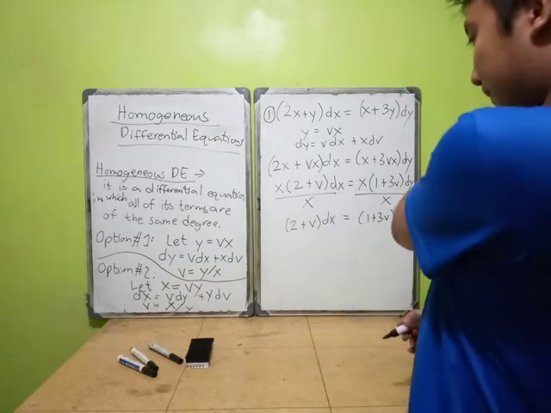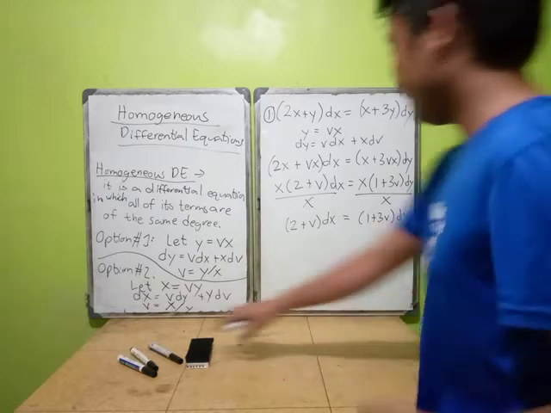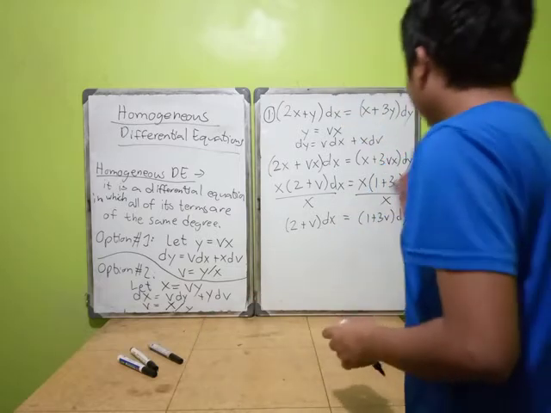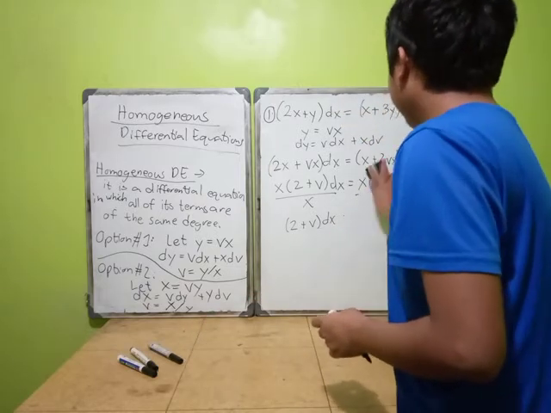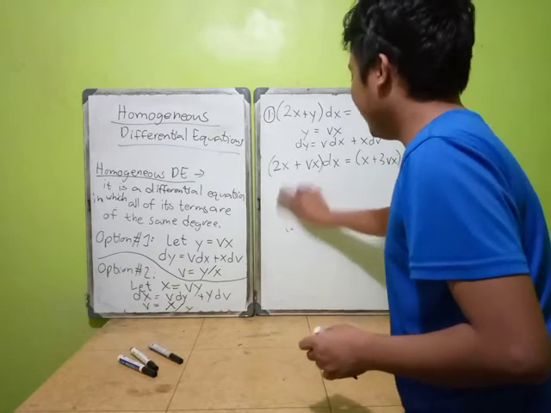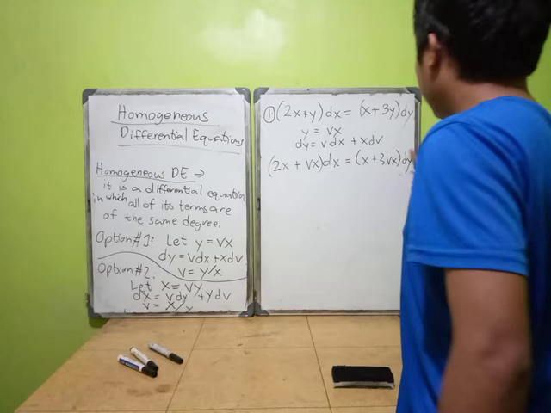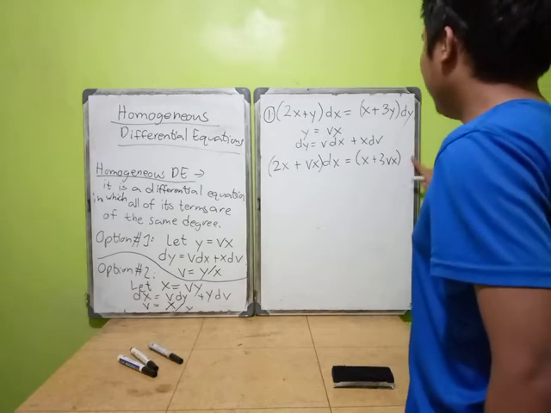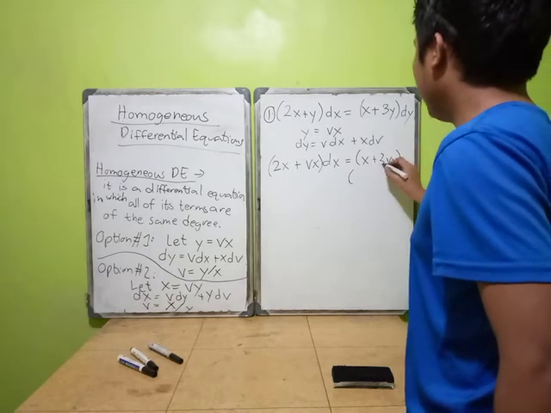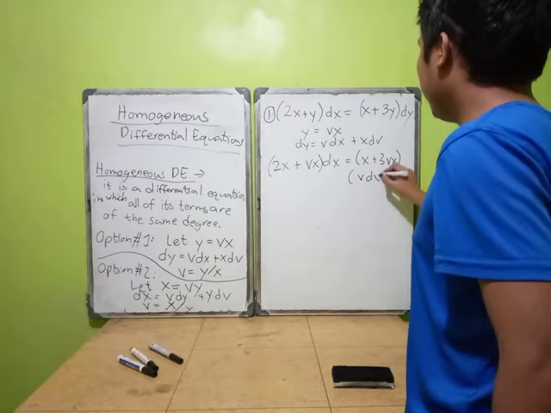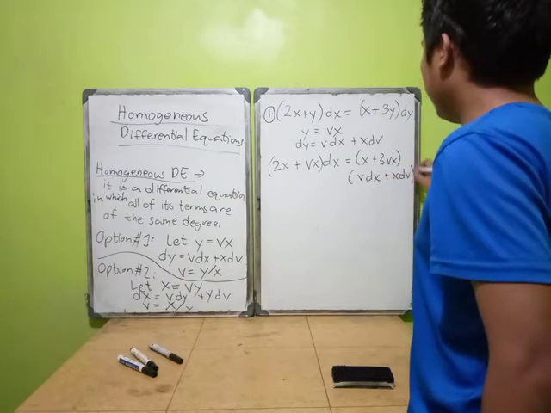Okay. So, anong gagawin na? Okay, sorry. Hindi natin na-replace pala si dy. Okay, sorry. So, si dy natin dito, dapat minultiply natin ng v dx plus x dv pala. Okay, yan.